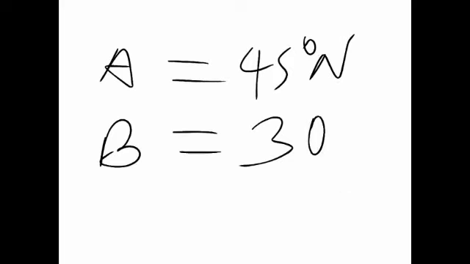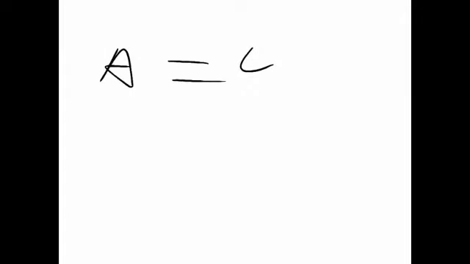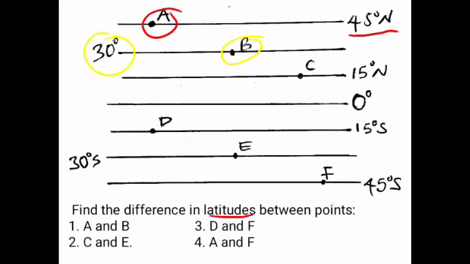Let's look at question 2. Question 2 is asking us to find the difference in latitude between point C and E. So let's say identify point C and point E. Okay, so where is point C?